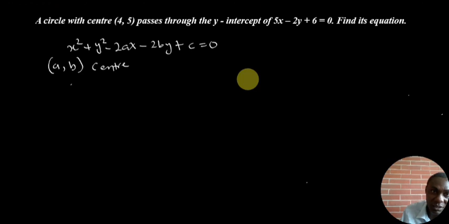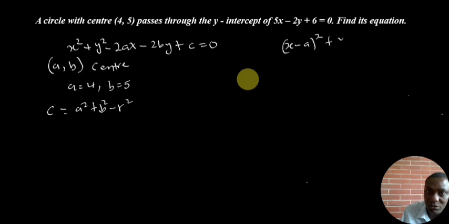So here a is equal to 4, b is equal to 5, and c is equal to a squared plus b squared minus r squared. R is the radius of the circle, or we can also use x minus a squared plus y minus b squared is equal to r squared.